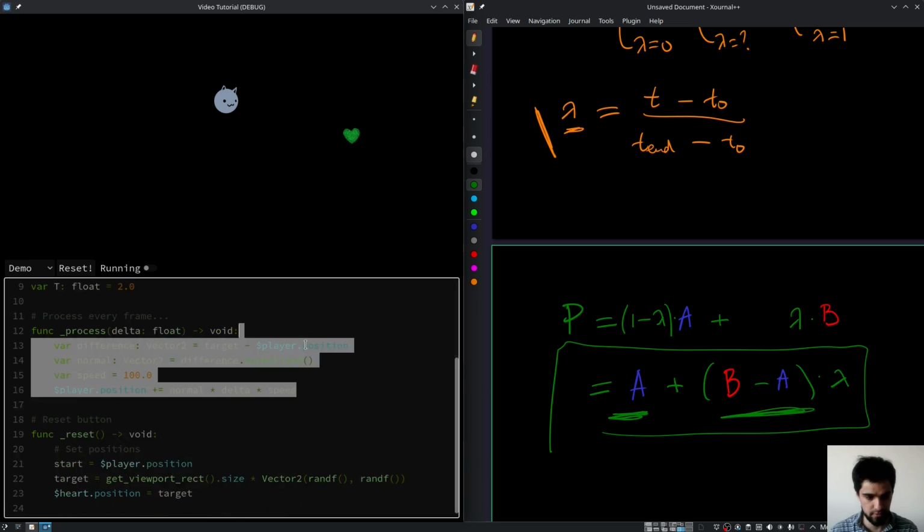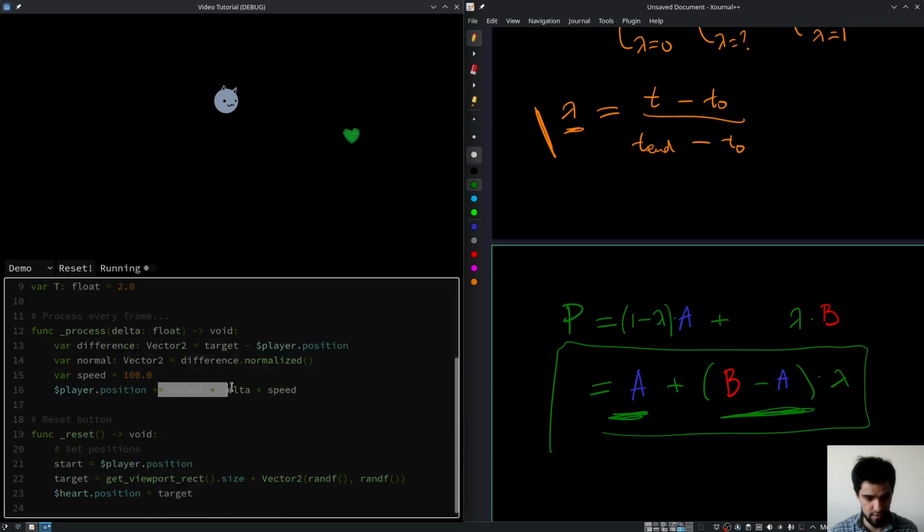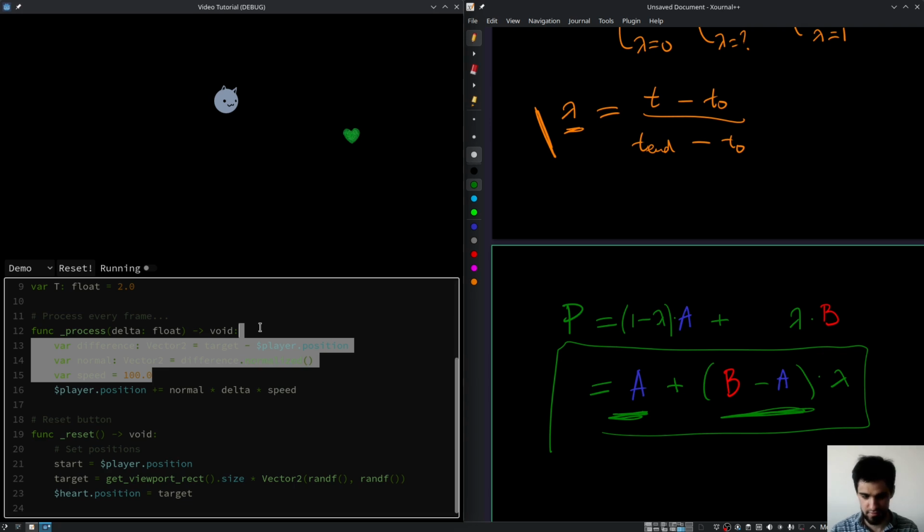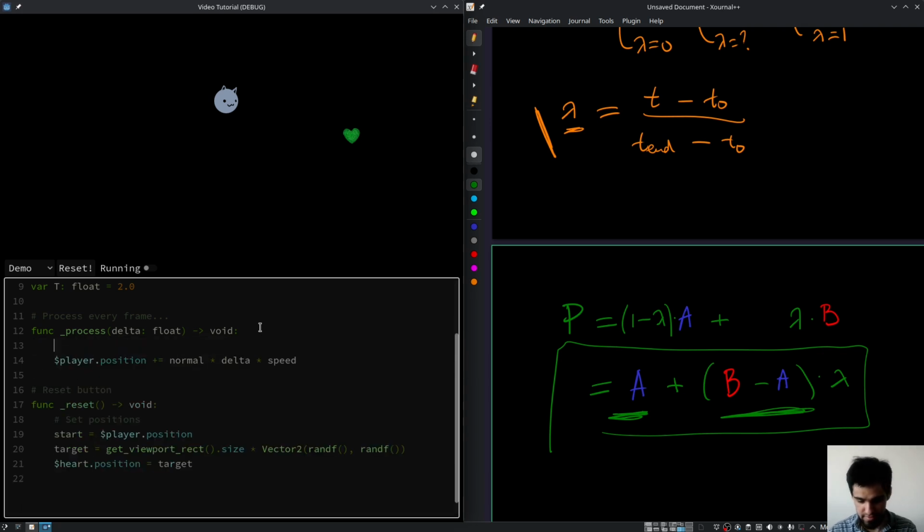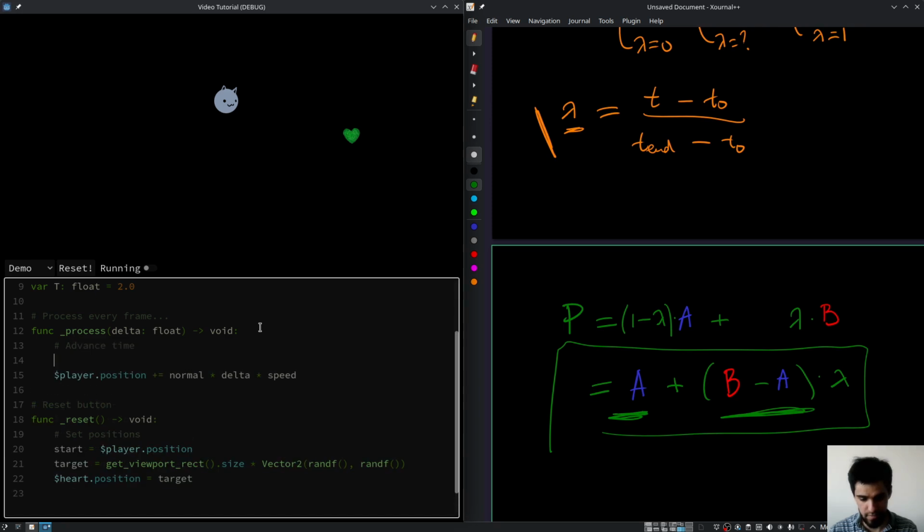Now let's advance time by saying T plus equals delta. Delta is the time that has passed since the previous frame, so this is the best way to advance time.